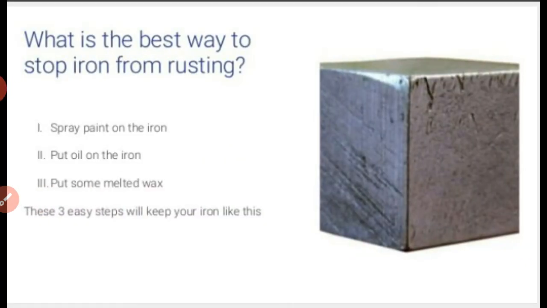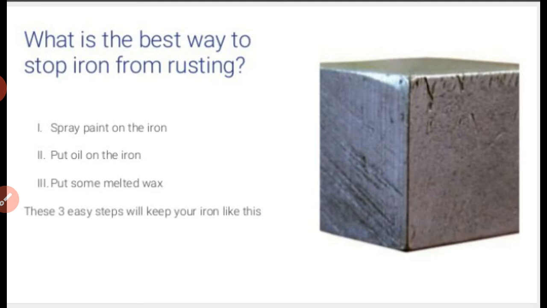What is the best way to stop iron from rusting? Through rusting, iron material gets corroded, and we can stop the corrosion in various ways. In rusting, the amount of iron material decreases.